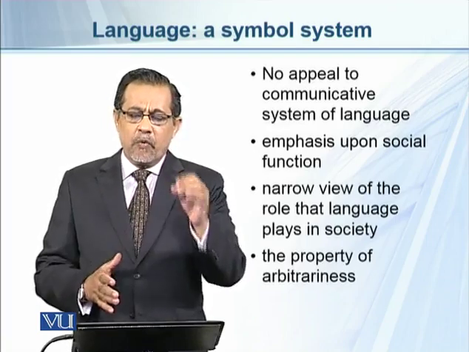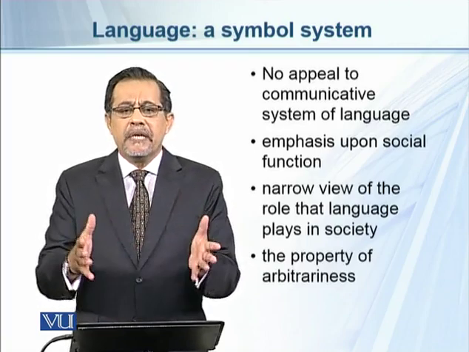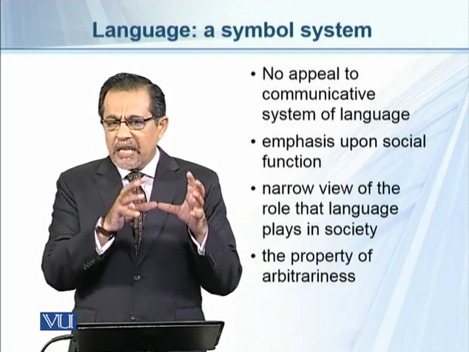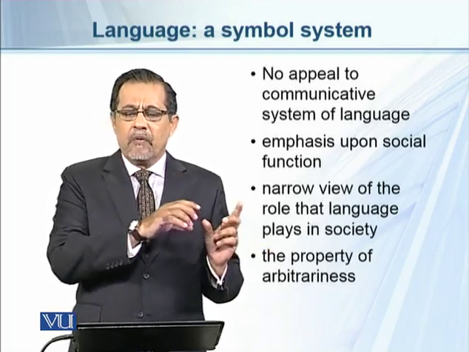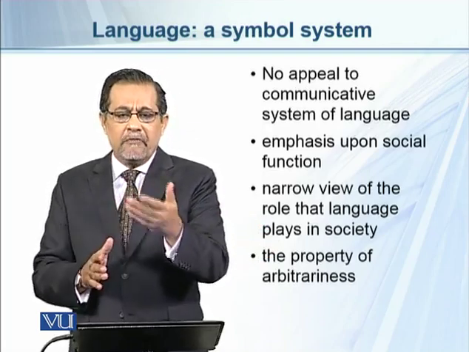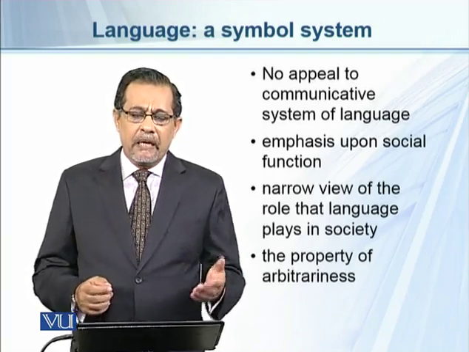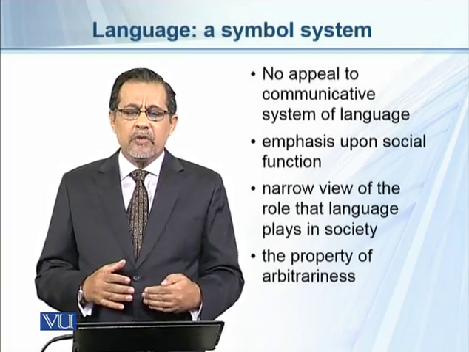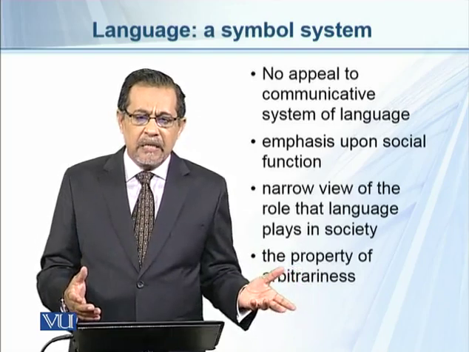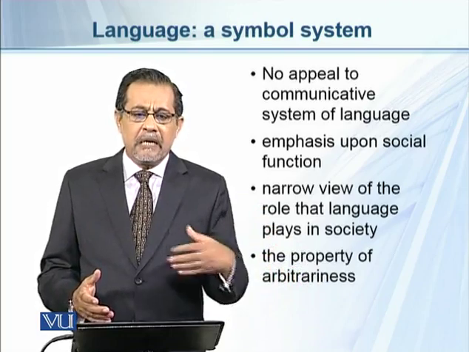The word that we use for any object has no intrinsic relationship with the object it refers to. For example, if we say table, the word table has little to do with the object table. We can use any other word or symbol for this object.